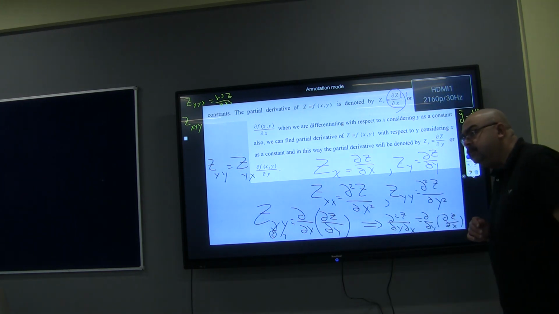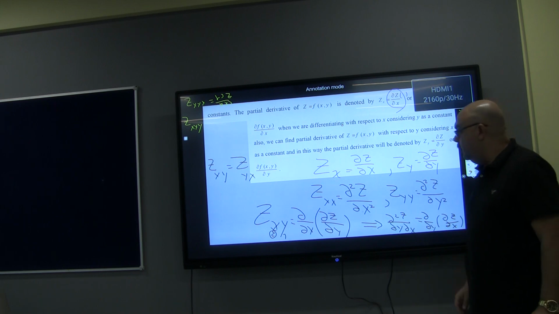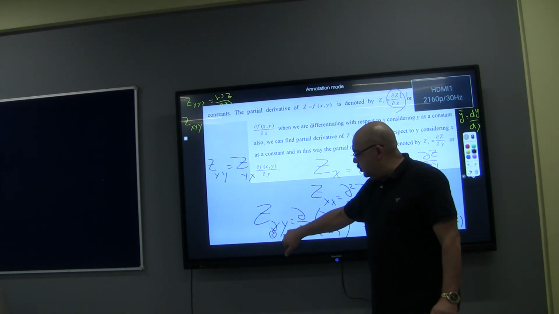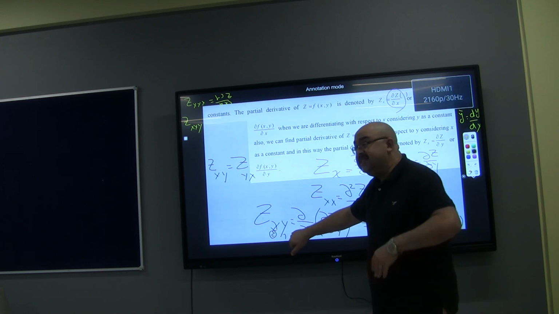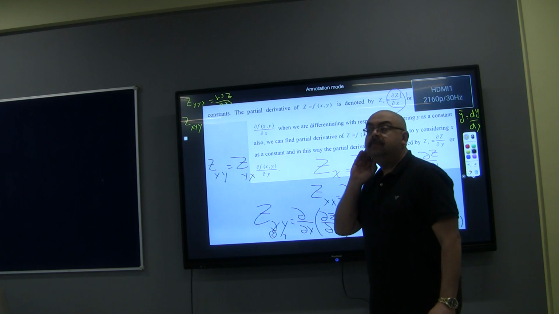For example, I act on the last one only, then start the second. For x x y, I differentiate with respect to y first, so the first derivative will be with respect to y, then the second derivative will be with respect to x, respect to the last one.